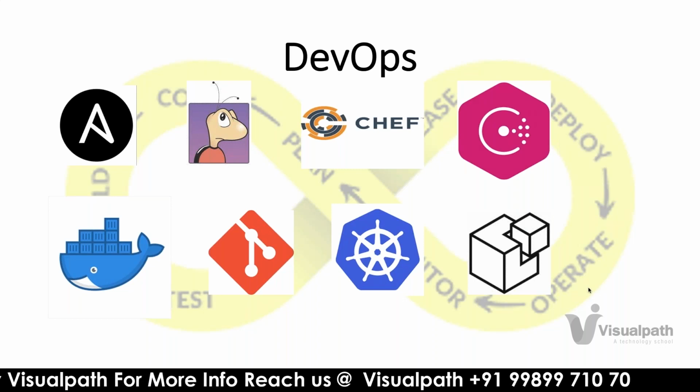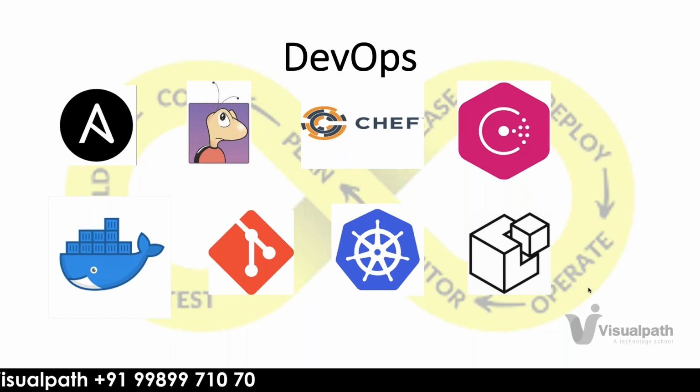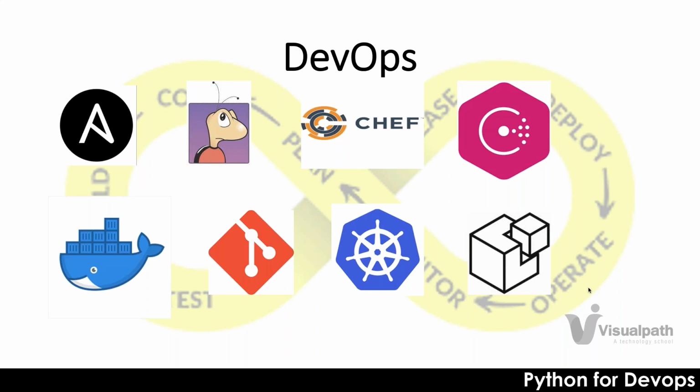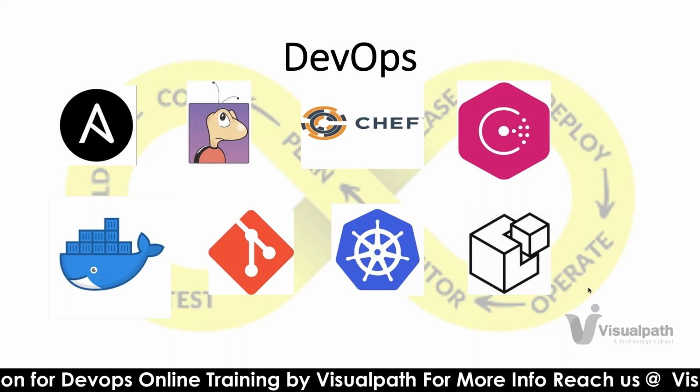Where the operations moved to scripts, where they used to develop some scripts, and then the scripts used to run certain commands, and then they went to tools. There are many tools I have mentioned here.